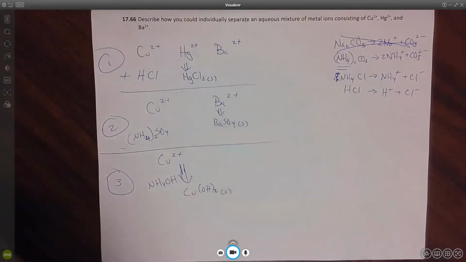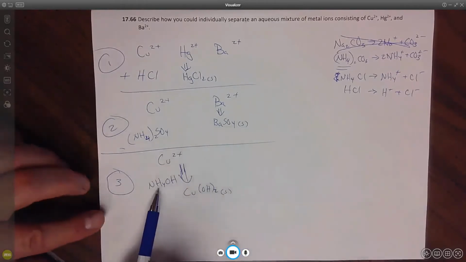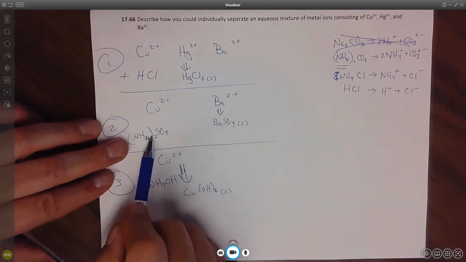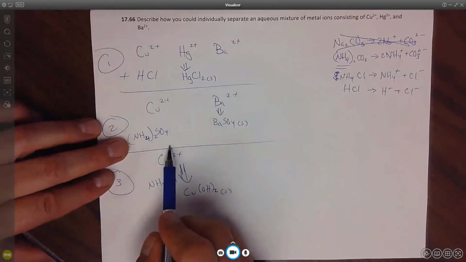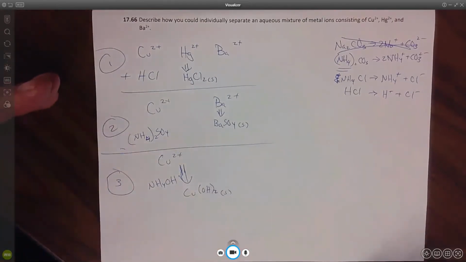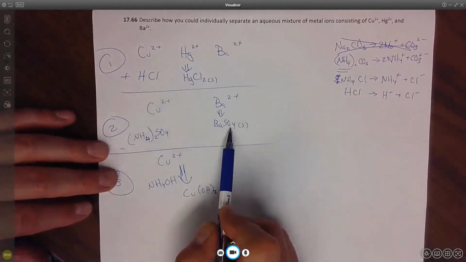Could anybody think of some other route we could have taken? What if I would have added the ammonium hydroxide instead of this? Then the copper would have come out, but the barium would have stayed in because barium hydroxide is a strong base. Then I could have added a sulfate or a carbonate or a phosphate.